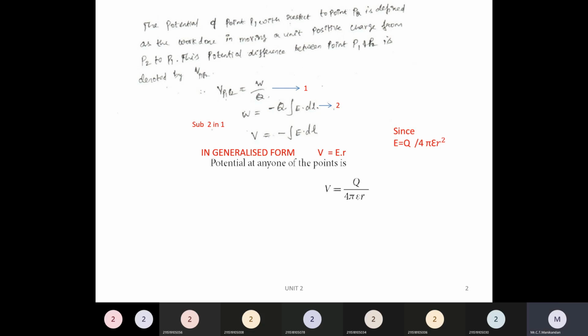For electric field you get Q by 4 pi epsilon R square in the generalized formula, whereas for potential it is only with respect to R. So potential and distance are inversely proportional. Later on, we'll see these concepts one by one.